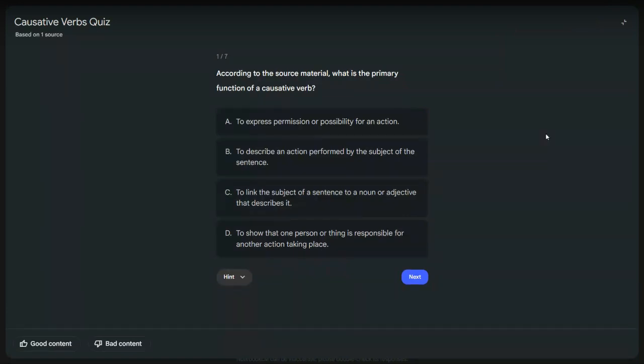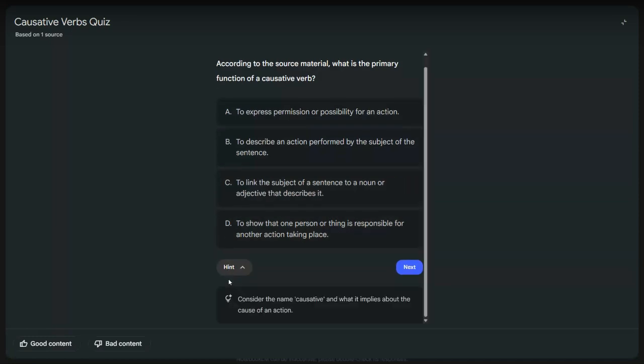Okay, so the first quiz: according to the source material, what is the primary function of a causative verb? Can anyone tell? A, to express permission or possibility; B, to describe the action performed; C, to link the subject of a sentence to a noun; D, to show the person or thing responsible for another action taking place.